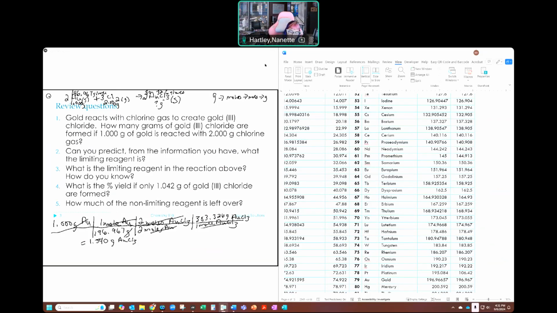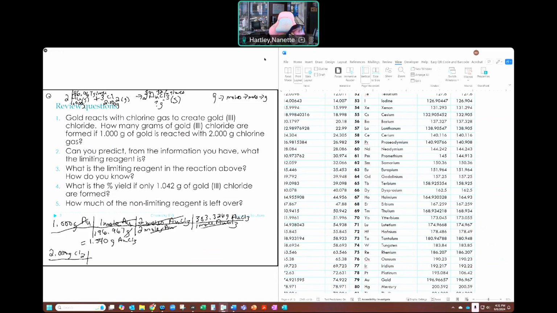So what we need to do at this point is use the other reagent as our calculation. I need to set up the same calculation using the amount of chlorine. So 2.000 grams of Cl2.